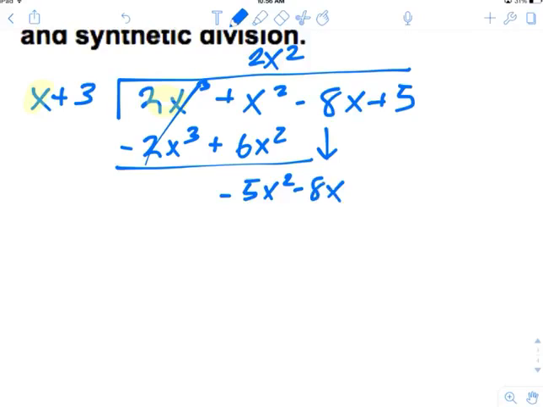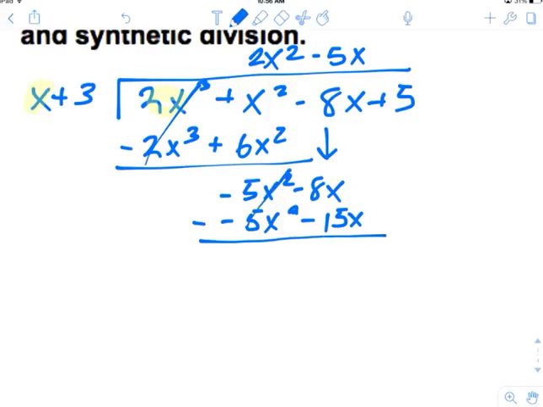Negative 5x squared divided by x is negative 5x. Times x plus 3 is negative 5x squared minus 15x. Do my subtraction. First term cancels out. Negative 8x plus 15x is going to be positive 7x.